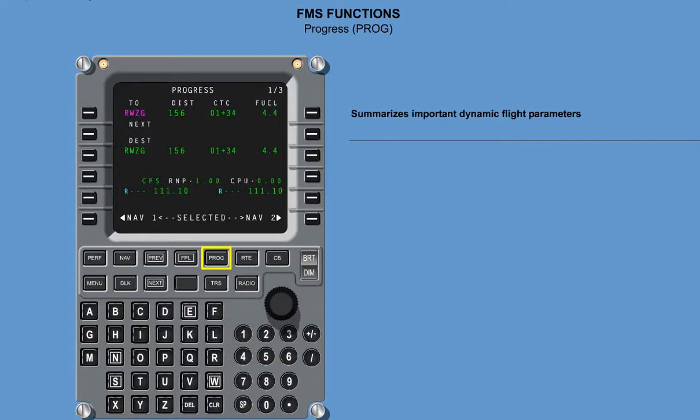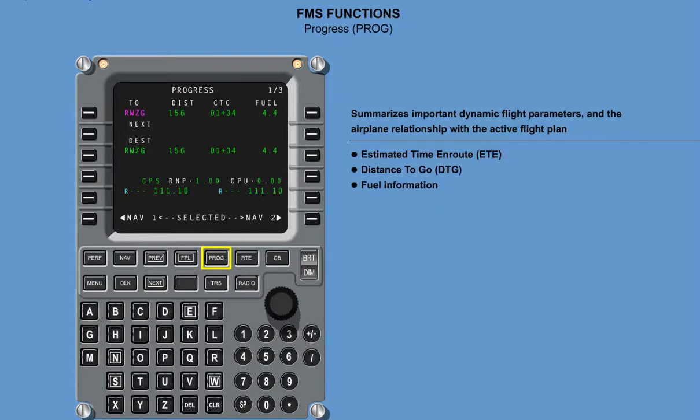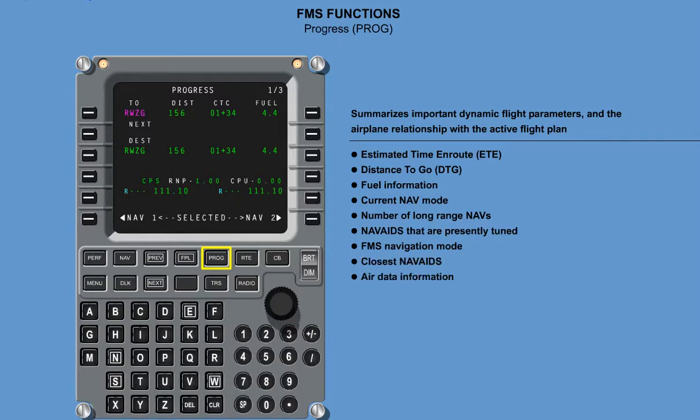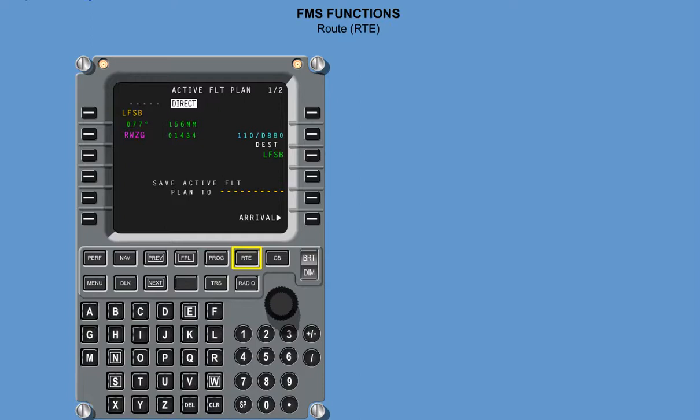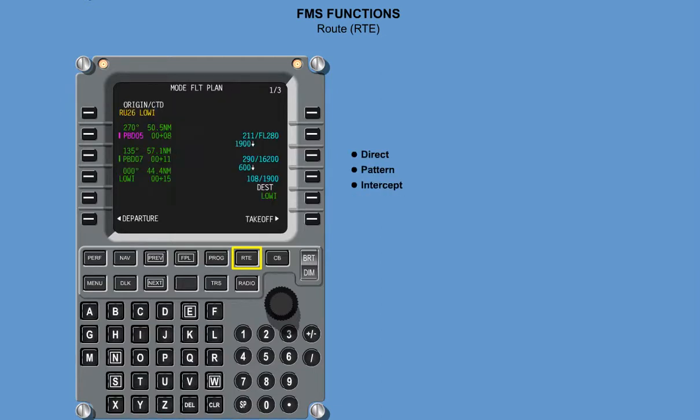This function summarizes important dynamic flight parameters and the airplane relationship with the active flight plan, such as estimated time en route, distance to go, fuel information, current nav mode, number of long-range navs used, nav aids that are presently tuned, FMS navigation mode, closest nav aids, and air data information, current speed, altitude, and temperature. Route, RTE. This function inserts the following prompts on the active flight plan pages: direct, pattern, and intercept.